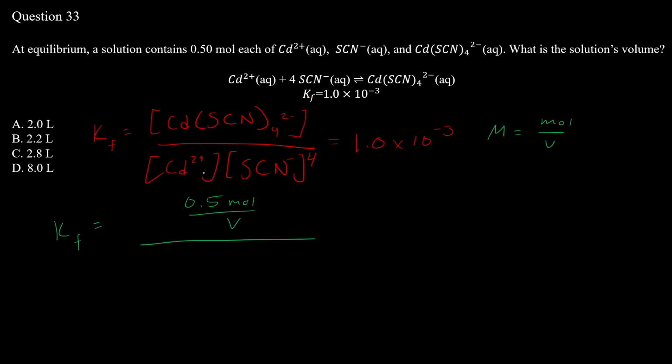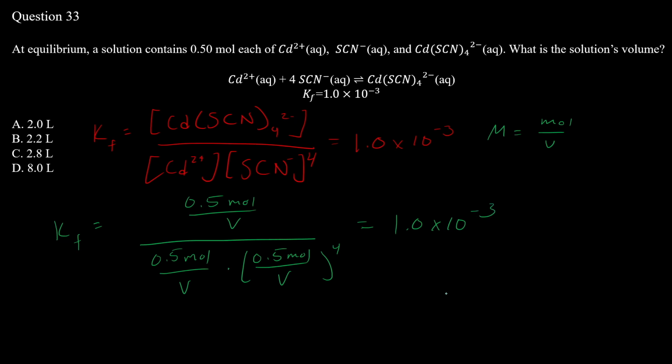And then we can do the exact same thing for the cadmium and the thiocyanate. So that's 0.5 moles over volume, and then times 0.5 moles over volume, but this is now raised to the 4th power. And all we have to do at this point is solve for V.